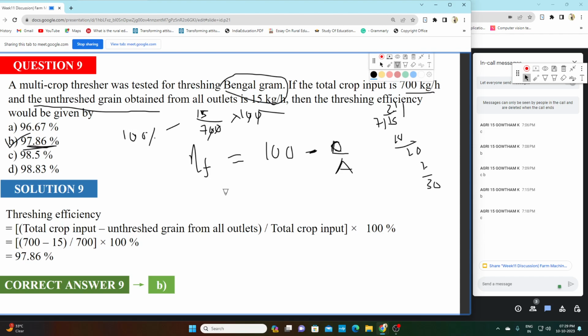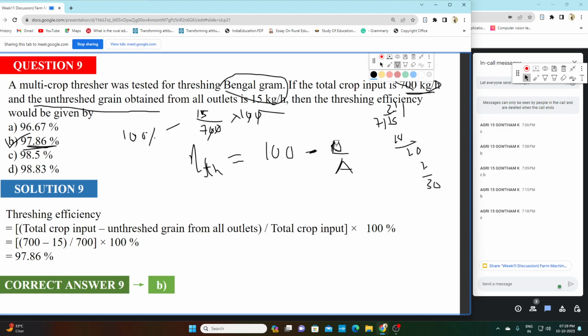Again I am repeating, what is the threshing efficiency? It is equal to 100% minus D by A. D is the quantity of unthreshed grain from the grain outlet. A is the total quantity of grain fed to your thresher. A is given as 700 kg per hour, and D is given as 15 kg per hour.